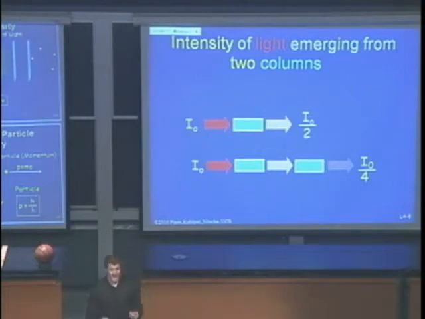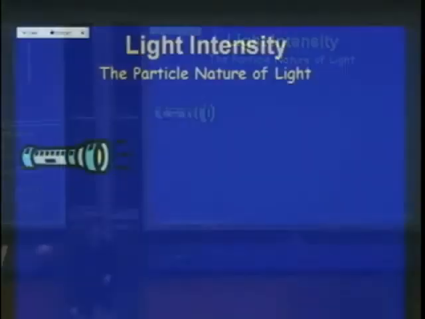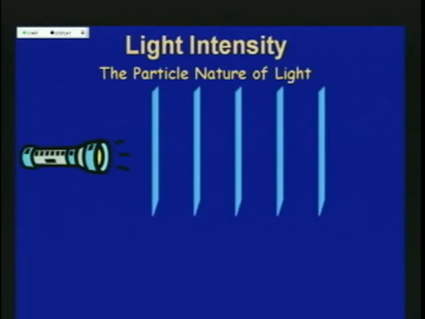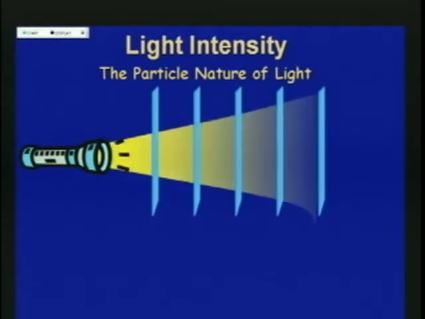So what we're trying to get at here is, can we get there with light too? Is there some fundamental thing that is a light that we can no longer subdivide or decrease in intensity? So if we have a flashlight and we put in a bunch of filters and we shine our light on it, what's going to happen?